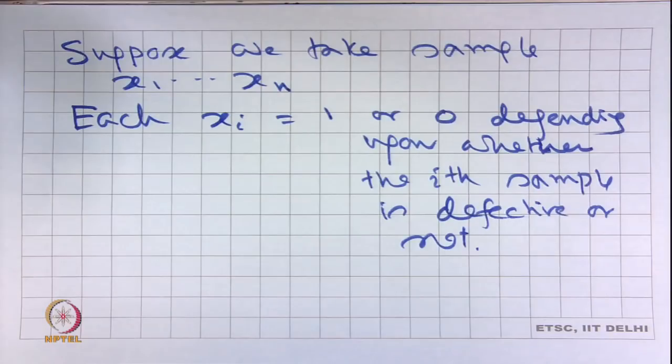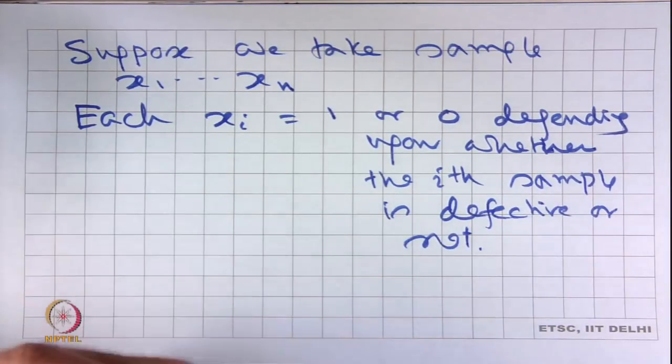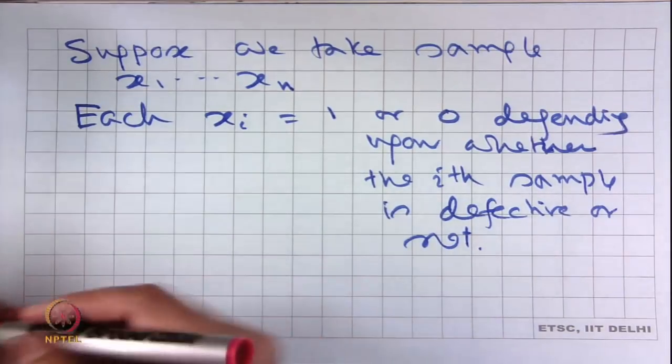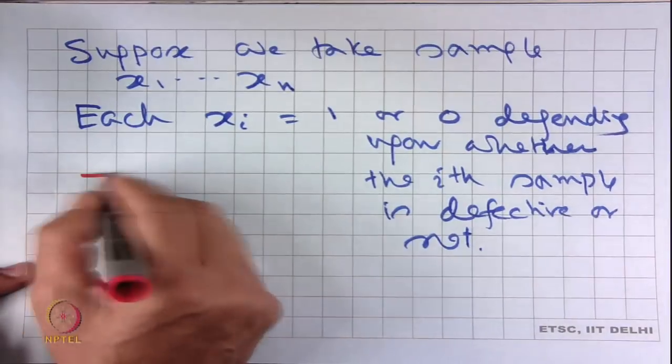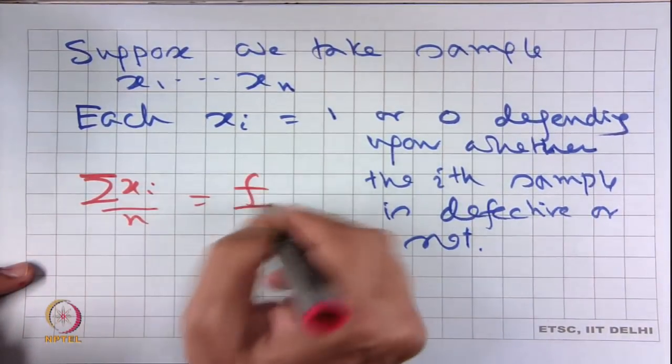Therefore, now what is the sample mean? Sample mean is actually f by n, since sigma x i upon n is equal to f by n.